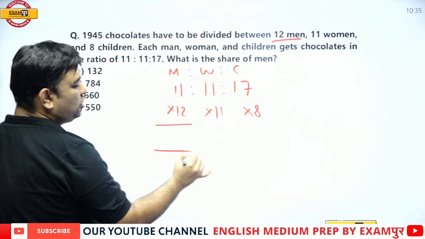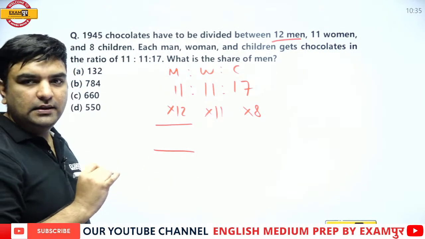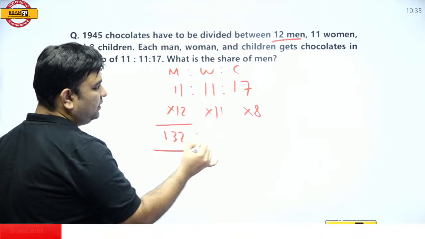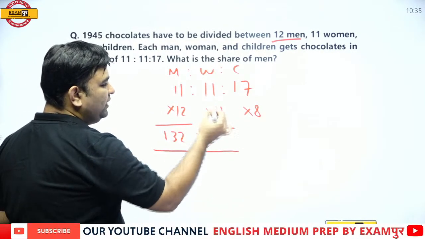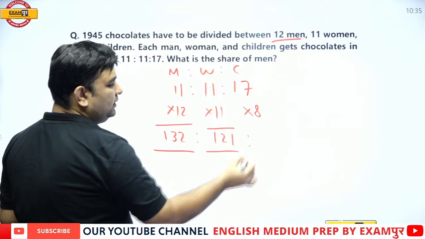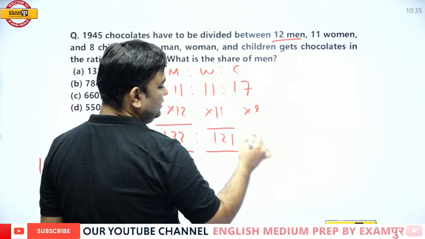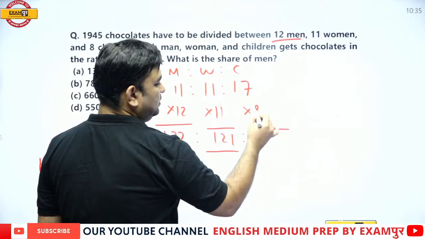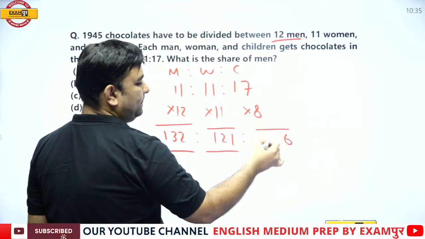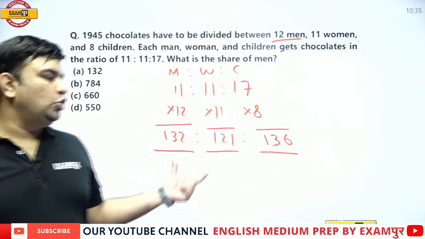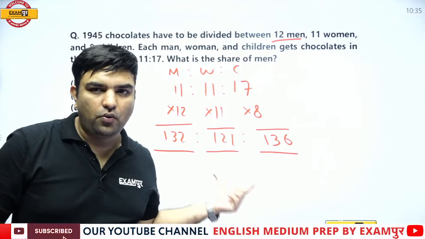So total chocolates with the men, 11 into 12, 132. Total chocolates with the women, 11 into 11, 121. And total chocolates with the children is 136.